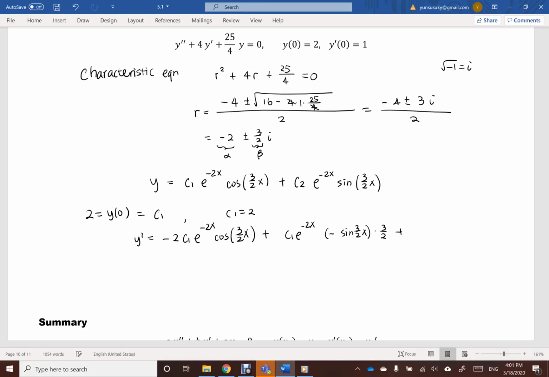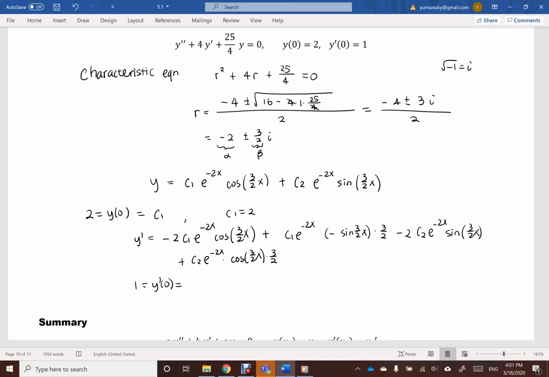Plus still product rule, derivative of the first guy, that's minus 2 c2 e to the minus 2x sine of 3 over 2 x, plus c2 e to the minus 2x, derivative of the second guy. Derivative of sine is cosine times 3 over 2.